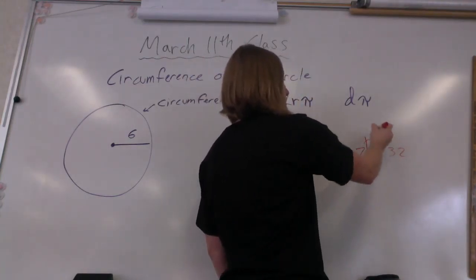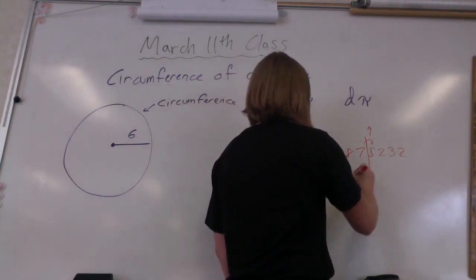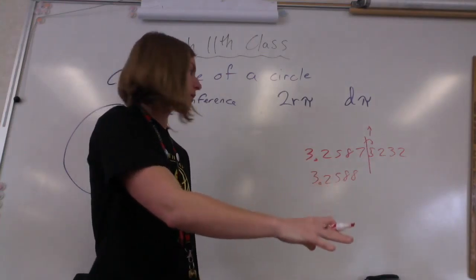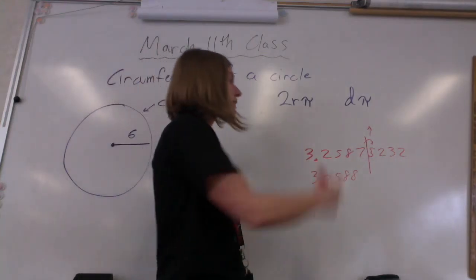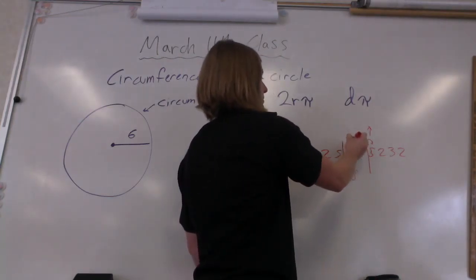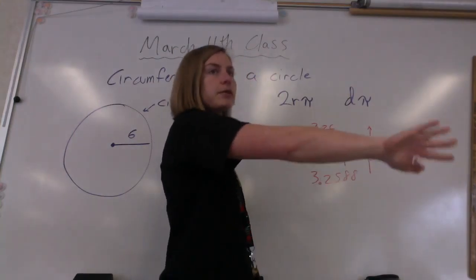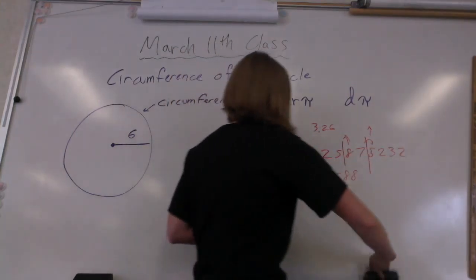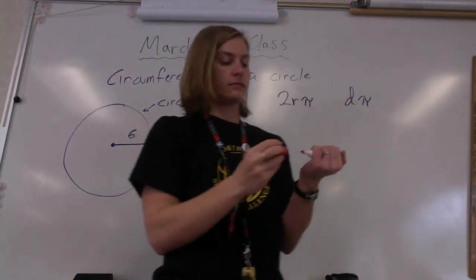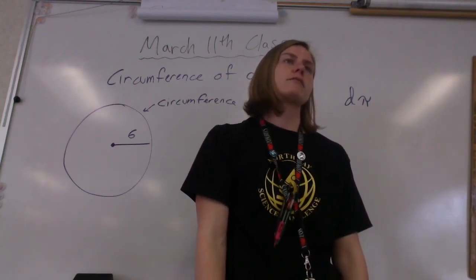That next number says we're going up, so this becomes 3.2588. That's it. It's just wherever you want to stop. Maybe I want to stop here, I look at the next number that says we're going up, 3.26. It doesn't matter what the rest of them are. That could actually make rounding very complicated. Well, think about how you would round something like pi if it never ends.